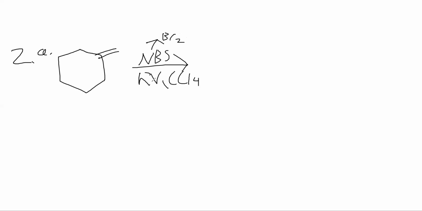And H nu is just light, which you see for radical reactions. So for this reaction, there's this position and this position that are allylic. They're right next to the double bond, but these are both the same. So you really only have to look at one of them.